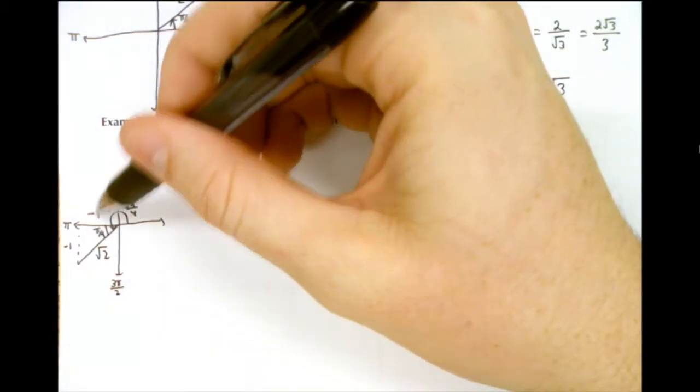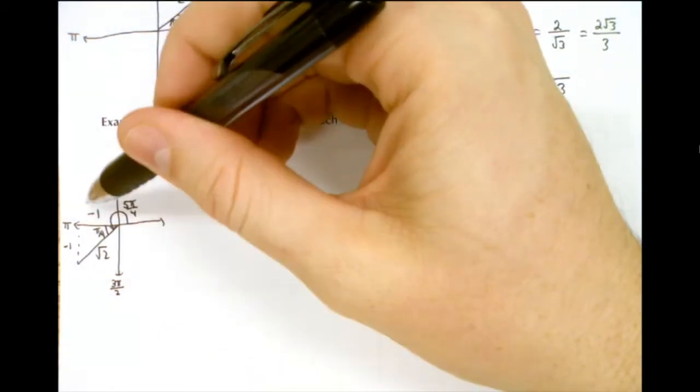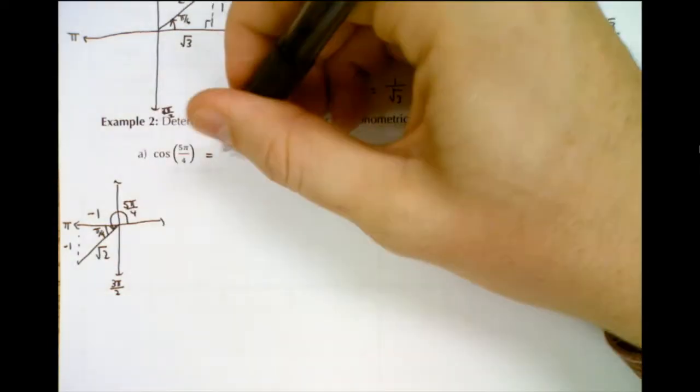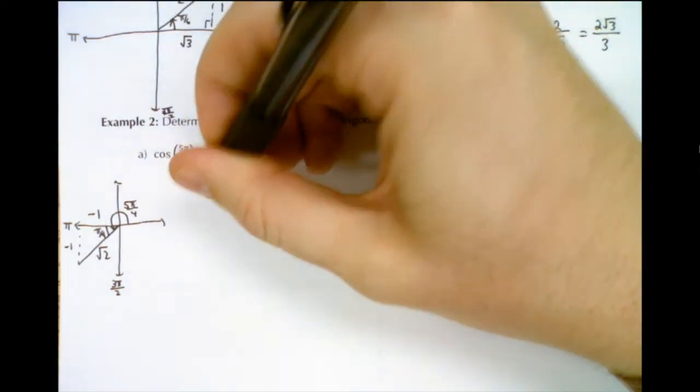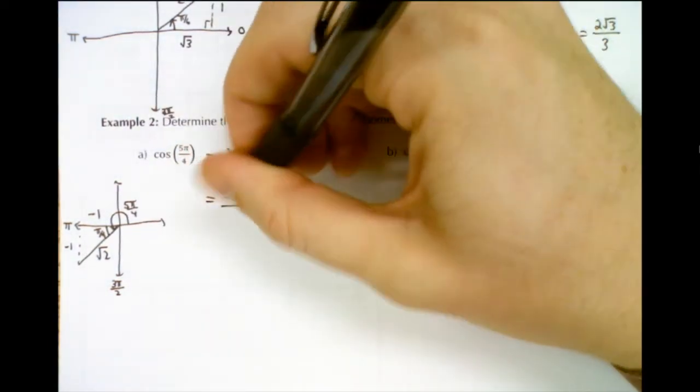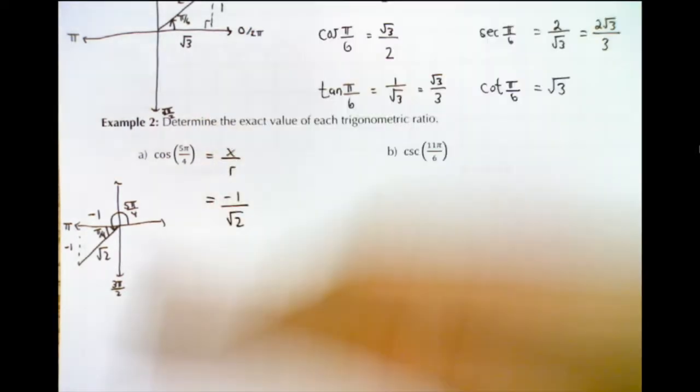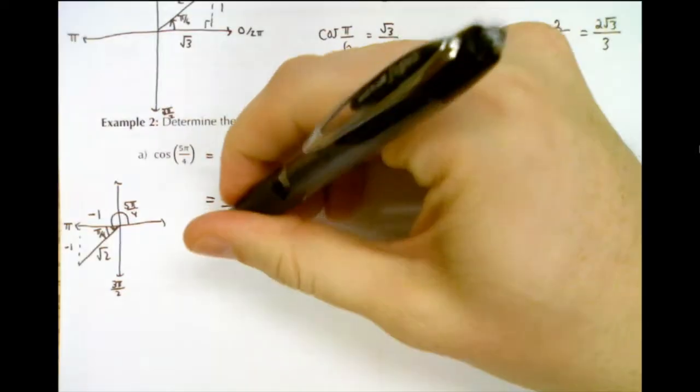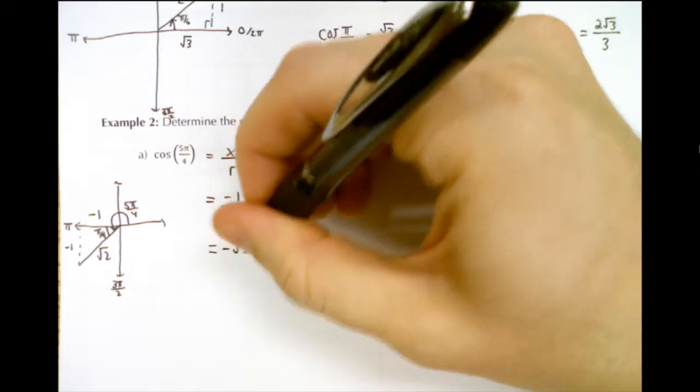Cosine is adjacent over hypotenuse, or x over r, which is negative 1 over root 2. And if we rationalize that, we get negative root 2 over 2.